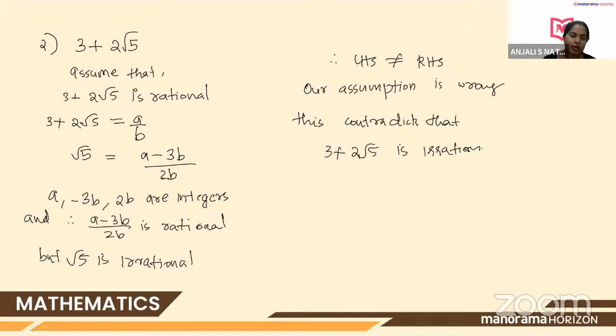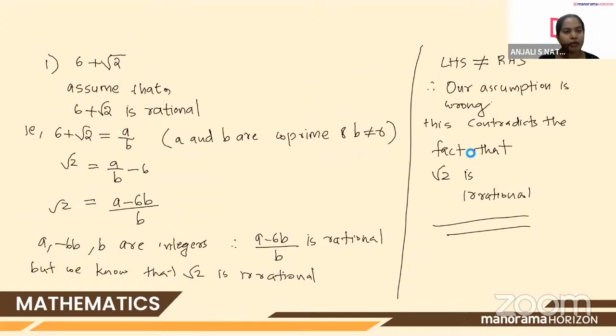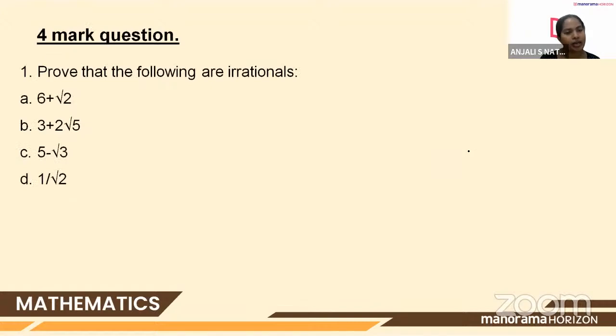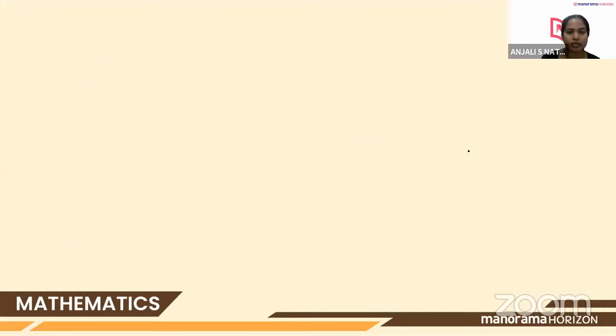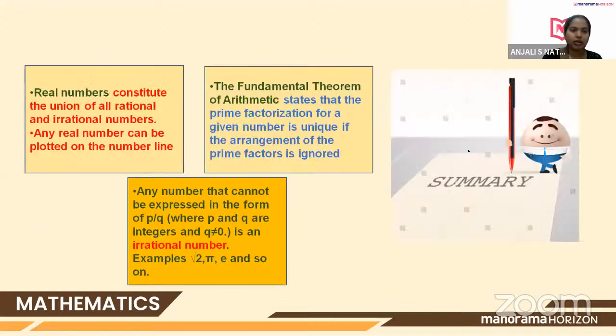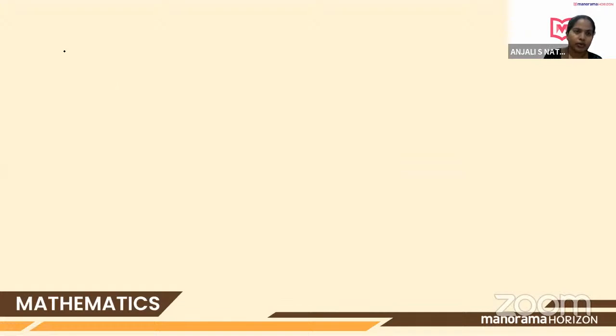Okay, simple. If the question is something like a fraction, like 1 by root 2, then also you can use this method. So the fourth question, 1 by root 2. Just assume 1 by root 2 is rational.